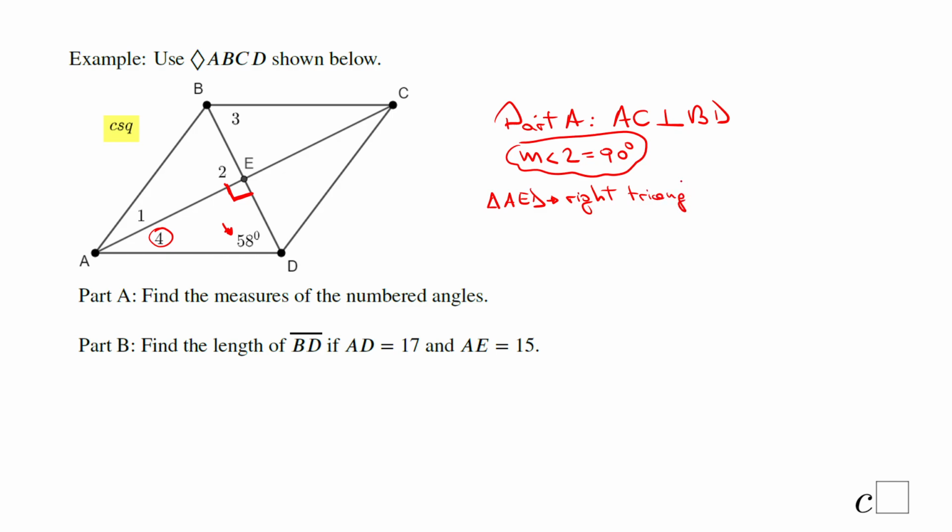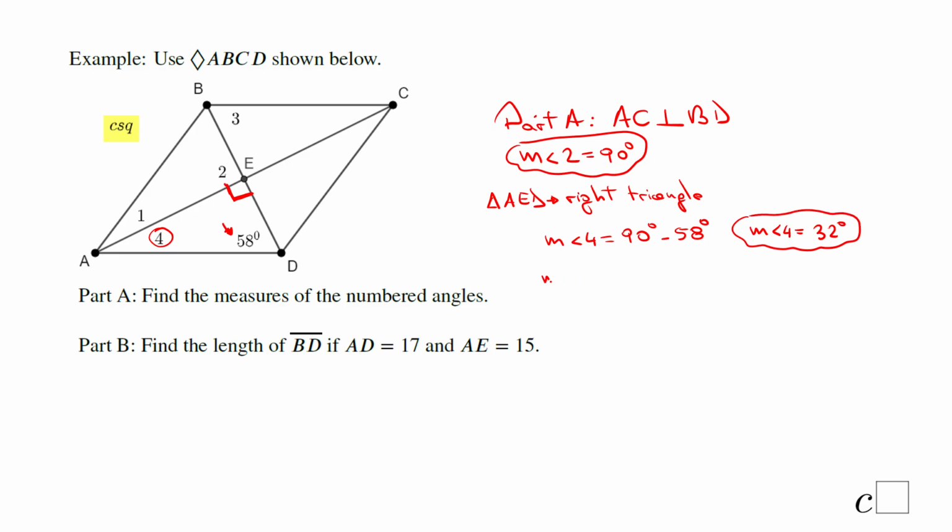For angle 4, we can simply do 90 degrees minus the given angle 58 degrees, right? The acute angles in a right triangle are complementary. So the measure of angle 4 will be 32 degrees.